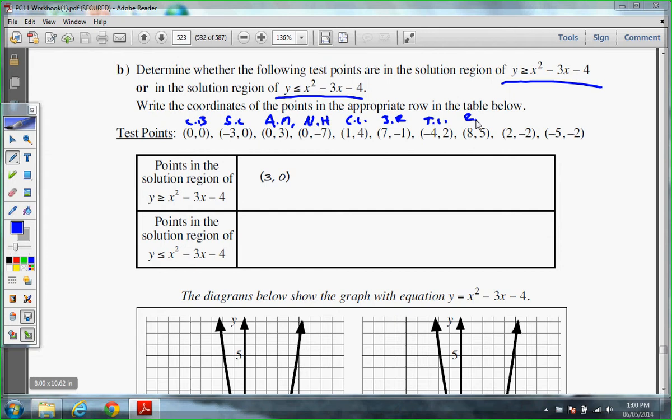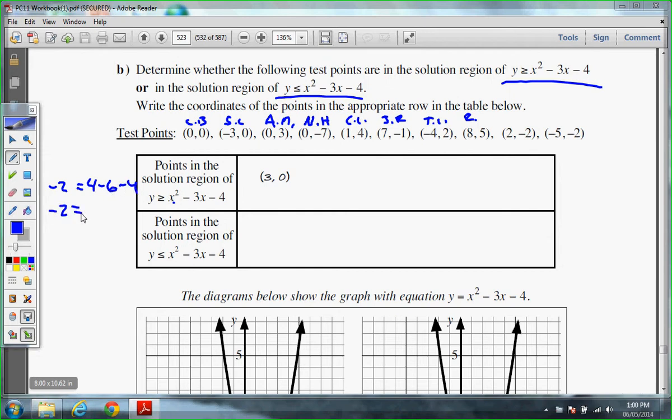I'll do these two real quick to show you what I'm talking about. So (2, negative 2). I'm going to plug that in, and don't worry about which one you put into. You just have to figure out which side's bigger. Negative 2 is a y, so I just put equal signs for mine. And then I'm going to put 2 in. 2 squared is 4. I'm getting the squared from right there. So 4 minus 2 times 3, that's minus 6, minus 4.